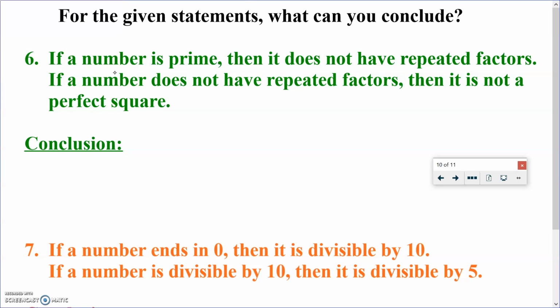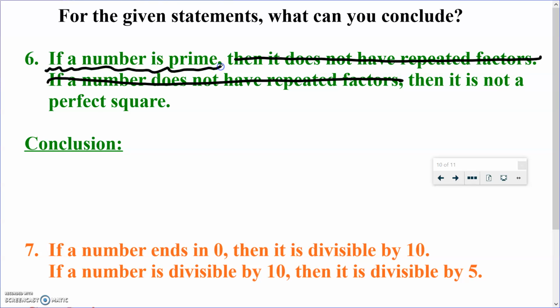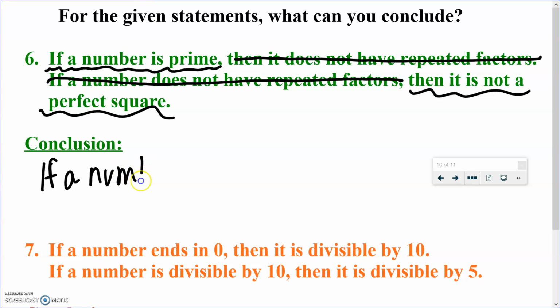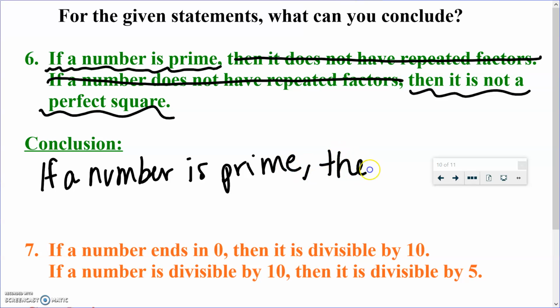So I see that this conclusion and this hypothesis are the same, so I can remove them and use the first hypothesis here and the second conclusion and write a new statement. If a number is prime, then it is not a perfect square.